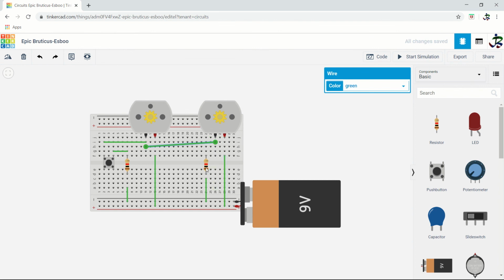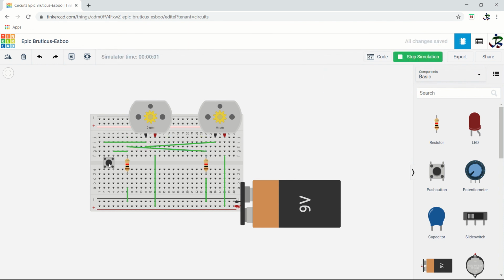Remove everything if you want to remove, that is also one option. The second option is you can do it like this. So you press this, both will be on, and if you release, both will be off.